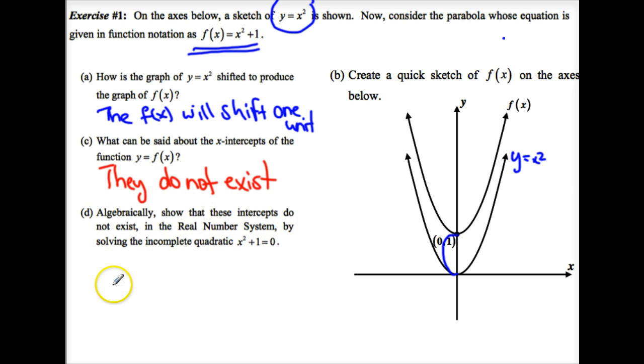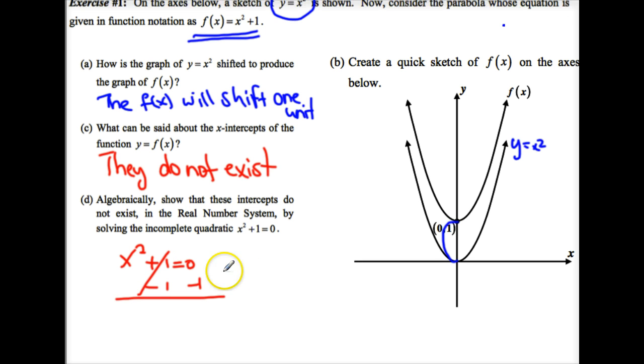Now, algebraically, show that the intercept does not exist. So what will we do algebraically? So this is x squared plus 1 equals 0. So what's a fast way for me to solve for x? Minus 1 on both sides. This cancels, and I'm left with x squared equals negative 1. Then I want to take the square root to get rid of the square.